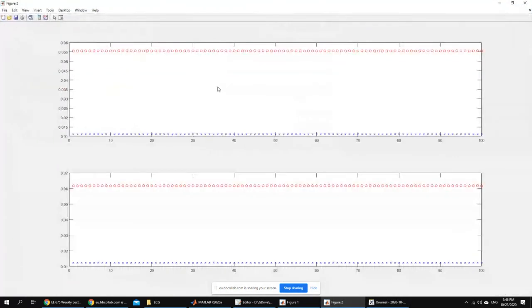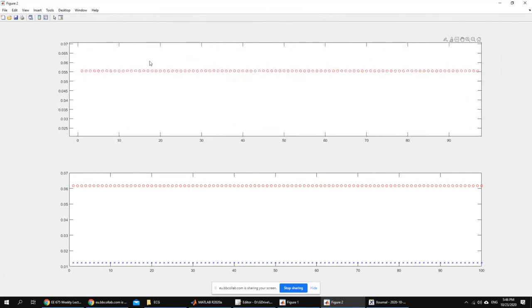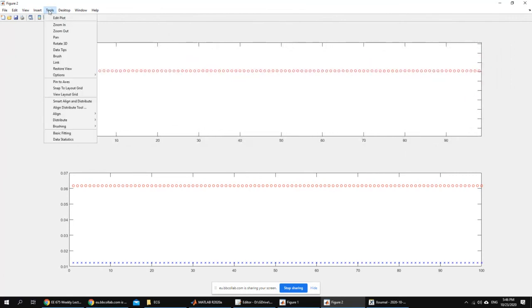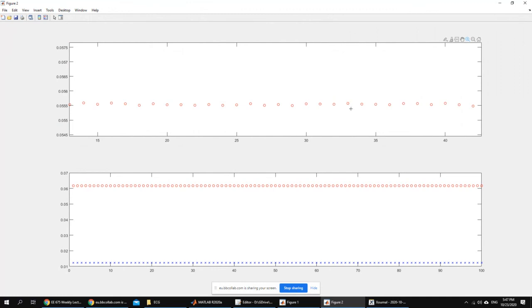Ah, that's very good, actually. See now? Big difference. All these have variations, by the way. If I try to zoom in, they always have variations, but you do not see how they vary. They still vary. See, they are not the same value, but they are very close together.